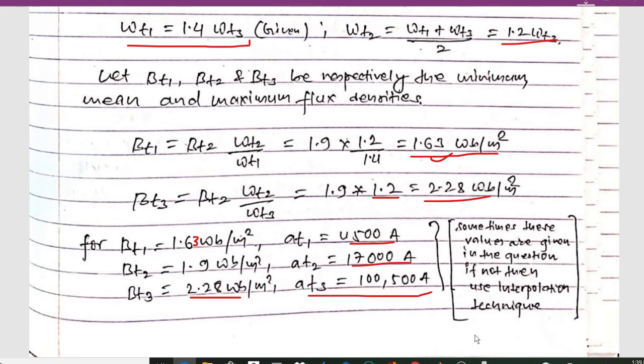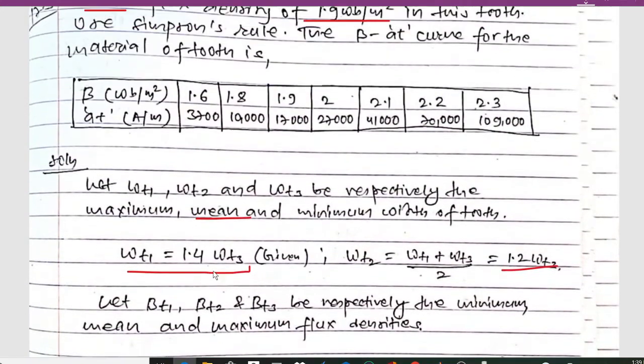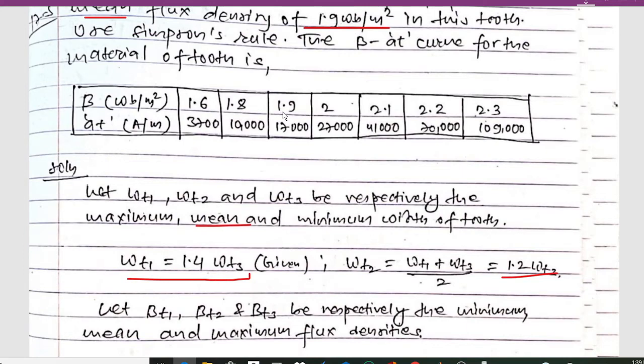Here I will show you how to use the interpolation technique. For 1.9, the value is already given in the table, and that is 17,000 ampere turns.